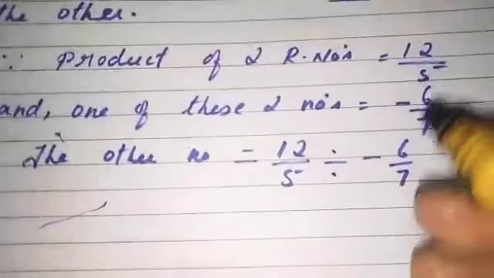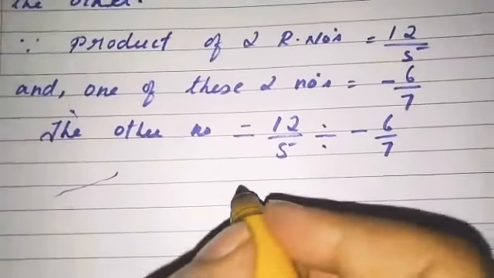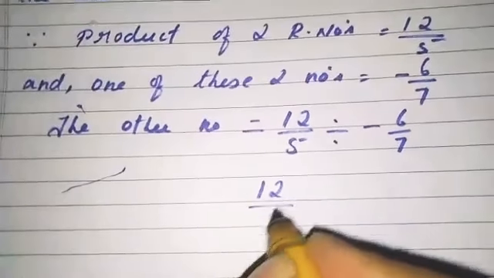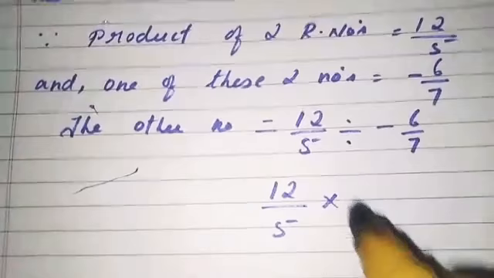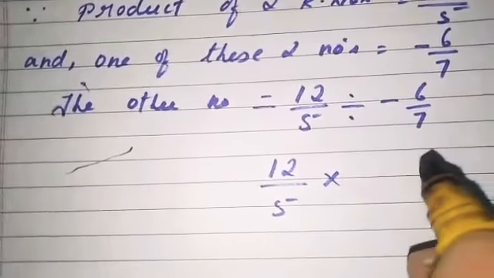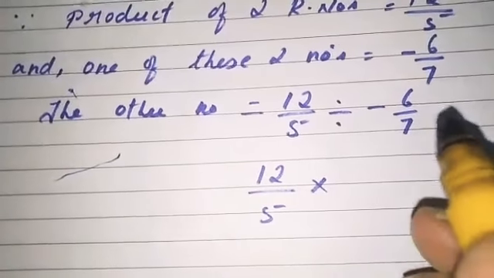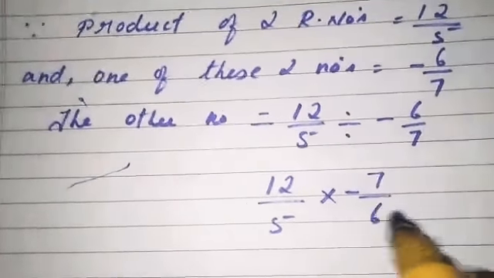Now from here on, I guess you all know it. So let's take it like this: 12 by 5. Now change the sign to multiplication, and take the reciprocal of this -6 by 7. So what we get is -7 by 6.